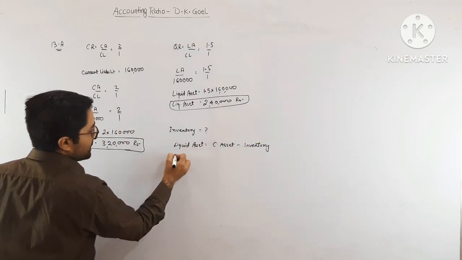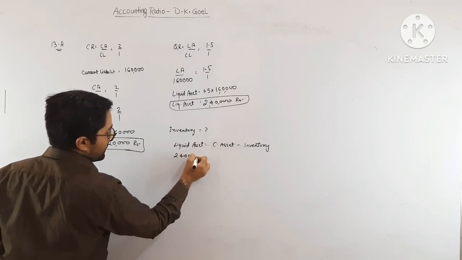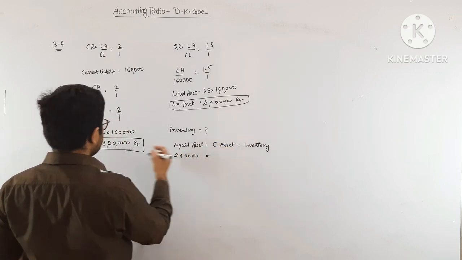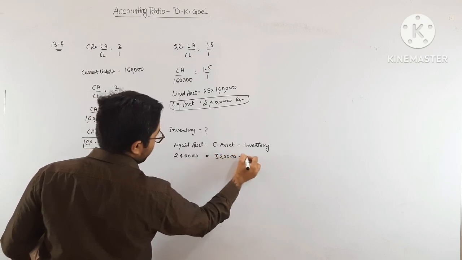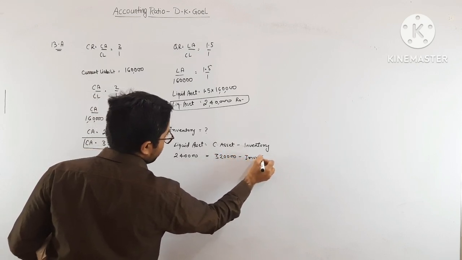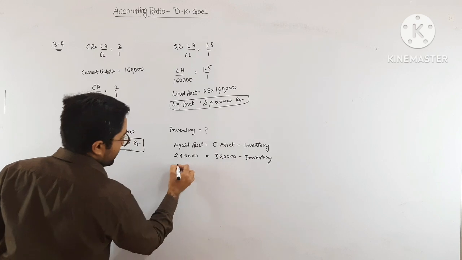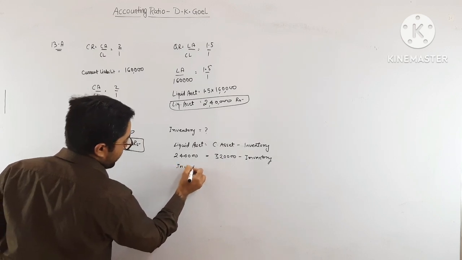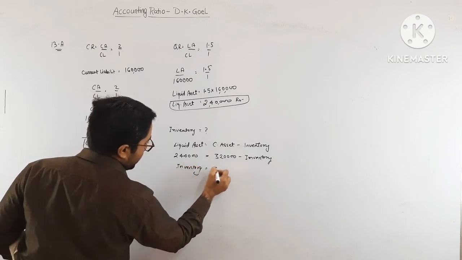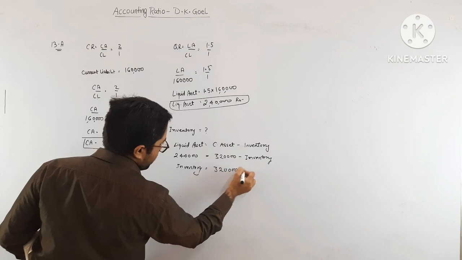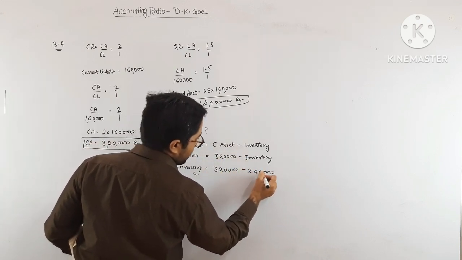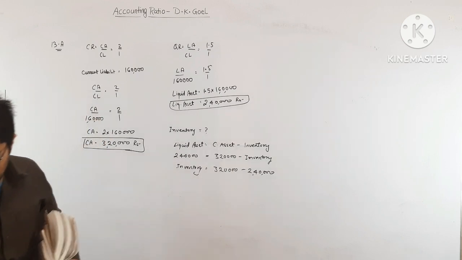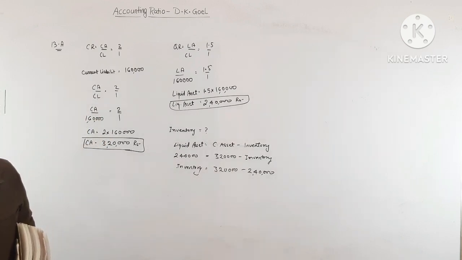So liquid asset is 2,40,000 equal to current asset 3,20,000 minus inventory. So inventory will be 3,20,000 minus 2,40,000, which is 80,000.